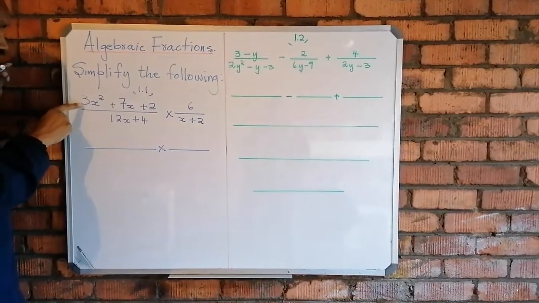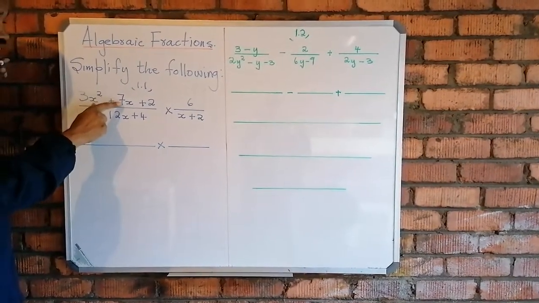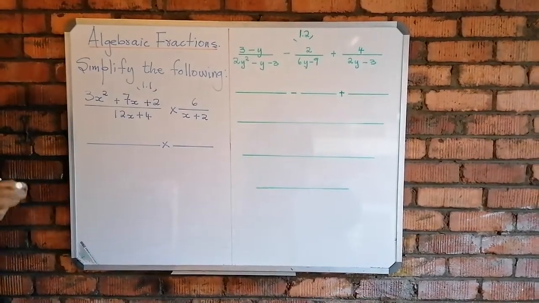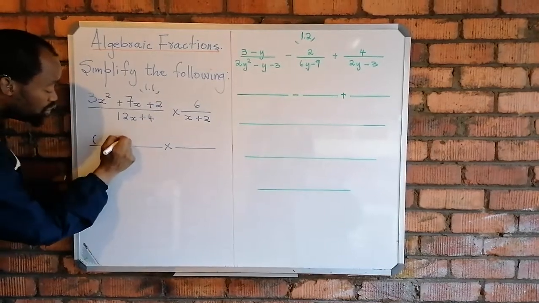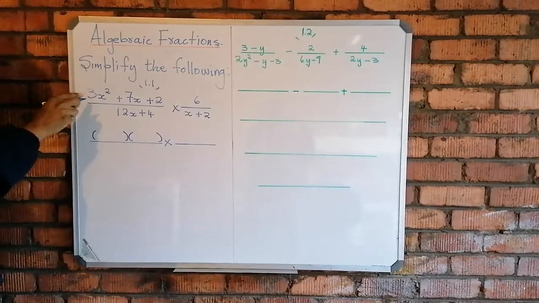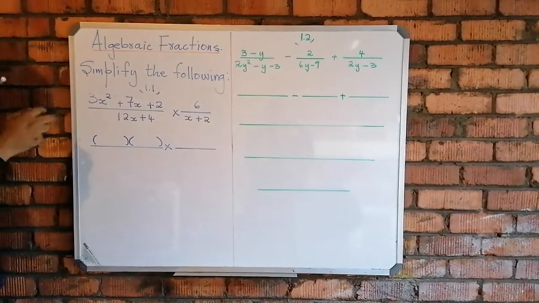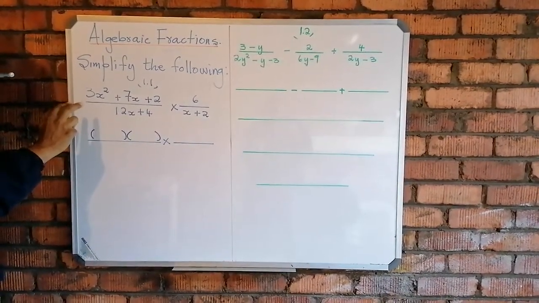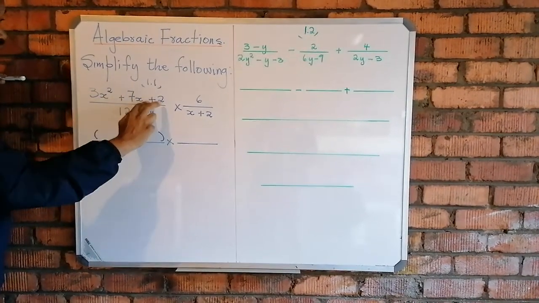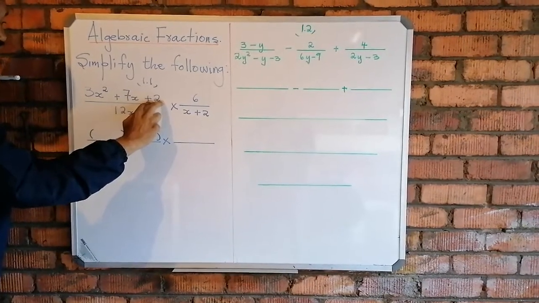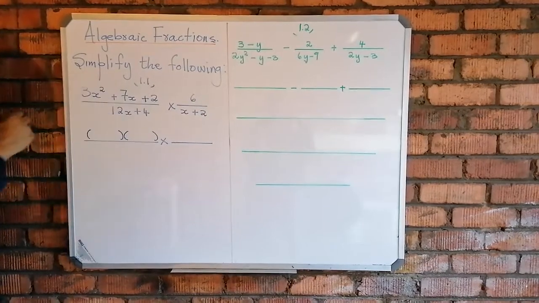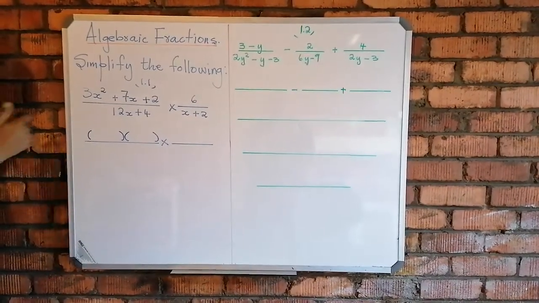Now, I am in this one, 3x squared plus 7x plus 2. And I can see that it's a quadratic. And I need to have two brackets to factorize this. When I factorize, I'm going to factorize this in such a way that the factors of the first term and the factors of the last term work together to give me the middle term. What do I mean by that?